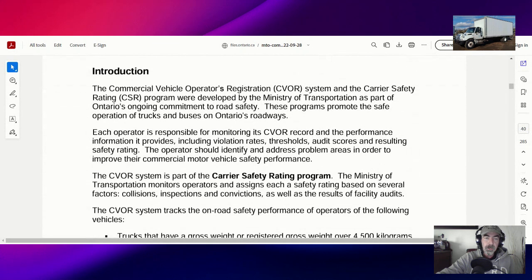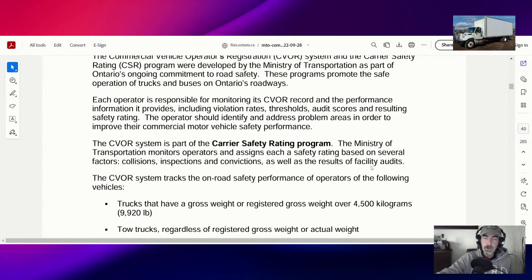Introduction. The Commercial Vehicle Operators Registration (CVOR) system and the Carrier Safety Rating (CSR) program were developed by the Ministry of Transportation as part of Ontario's ongoing commitment to road safety. These programs promote the safe operation of trucks and buses on Ontario's roadways.